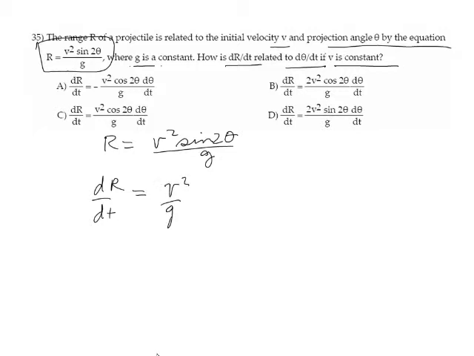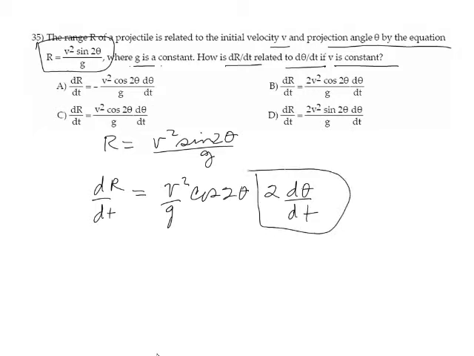Remember, v and g are constants, times cosine of 2 theta times 2 d theta/dt. Remember, we have to take d/dt of 2 theta, which is equal to 2 d theta/dt.